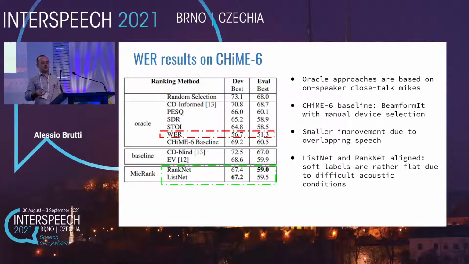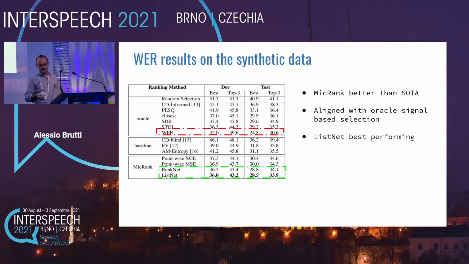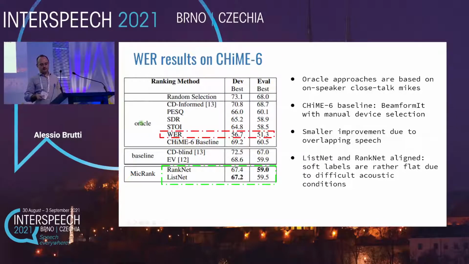So here, for example, you see that with respect to the CHiME-6 baseline, which uses BeamformIt on a manually selected device, so there is a sort of human supervision, taking the best microphone, you get like 10 points improvement just doing that.